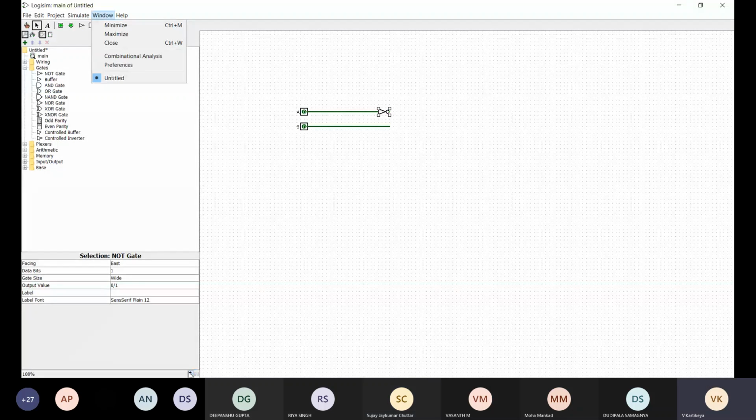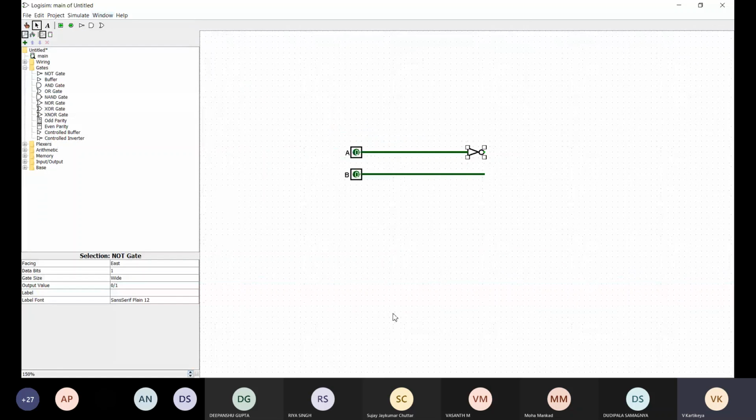So now you guys can see it properly, right? So A bar B. The thing which comes out of this is A bar. If you see it properly, A is 0 here, so there's a dark green line, and here there's a light green line, which means the output is 1.